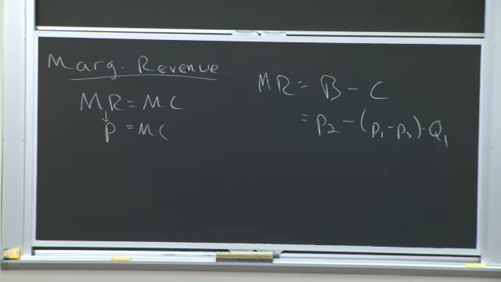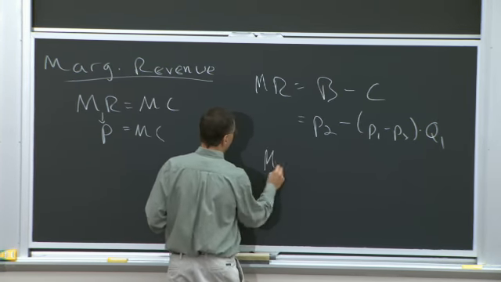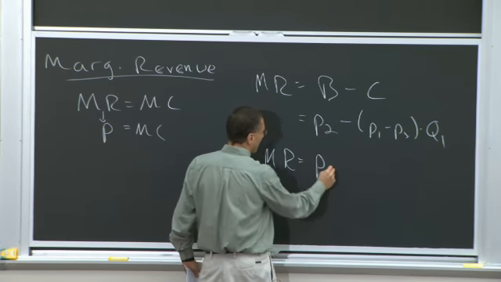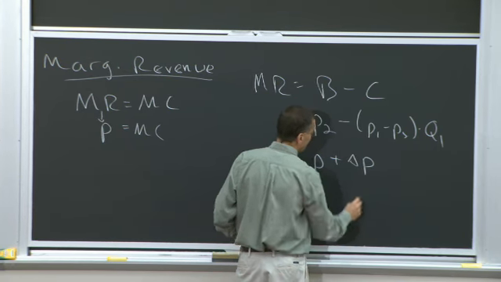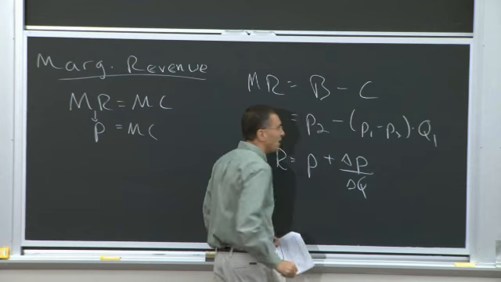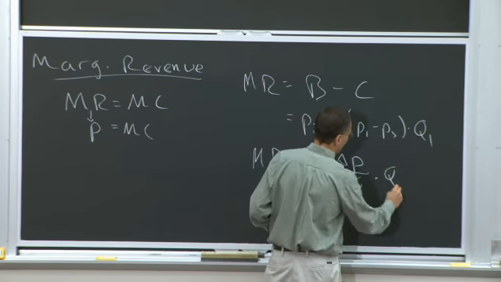Or rewriting, we could rewrite this then as marginal revenue equals P plus delta P, delta Q, how much the price changes when you change the quantity, times the original quantity Q1.